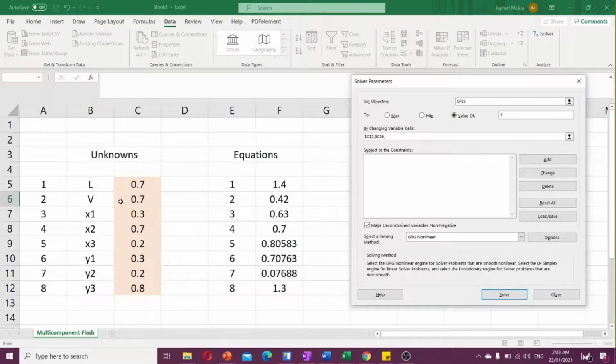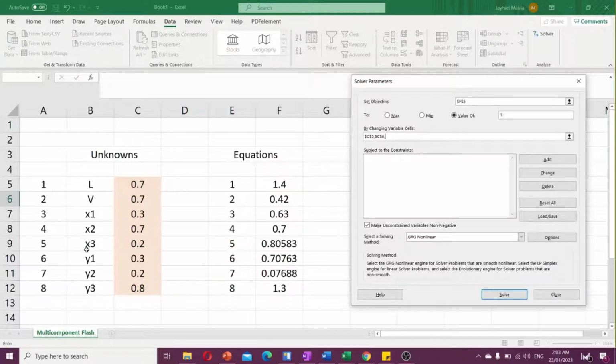And we need to choose either the liquid mole fraction components or the vapor mole fraction components as the other variables that we need to change.